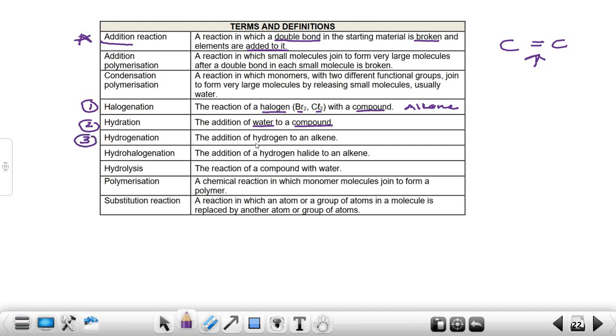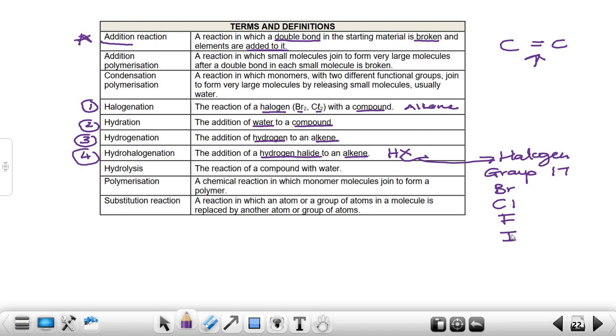Hydrogenation, we are going to add hydrogen to an alkene. Hydrohalogenation, we are going to add a hydrogen halide to an alkene. Hydrogen halide taking the form of HX, where X is any halogen. Halogens are group 17 of the periodic table, which will be Br, Cl, F, and iodine.